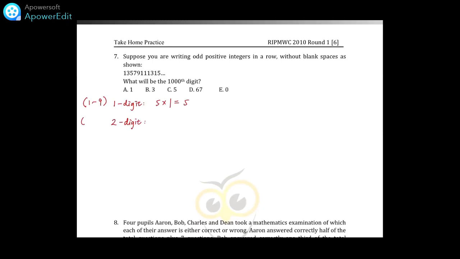Now 2-digit numbers are from 11 to 99. So we find the number of terms. That's 99 minus 11, divided by 2, plus 1. There are 45 numbers. And since each number contains 2 digits, the number of digits is 45 times 2. That's 90 digits.